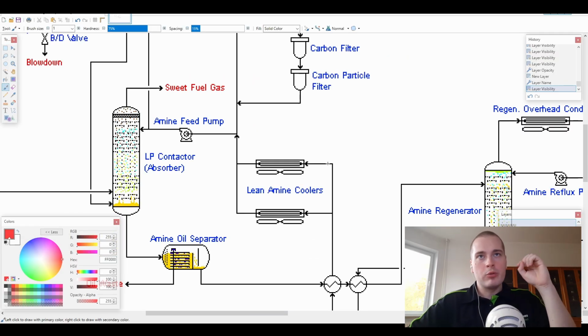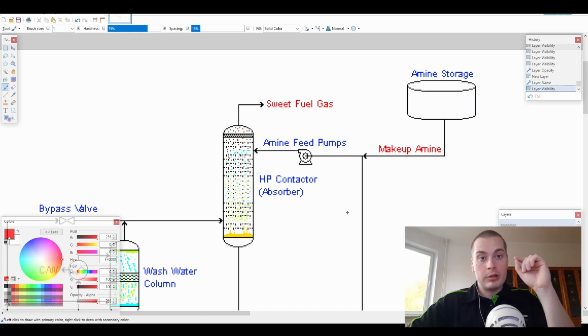One more thing I wanted to mention, and I completely forgot about, is that our lean amine solution needs to be as cold as possible, but not cold enough to cause hydrocarbons in our contactor to cool down. So as you can see, there's a lot of care that needs to be taken to maintain the temperature in order to achieve the most efficient absorption and regeneration as possible.